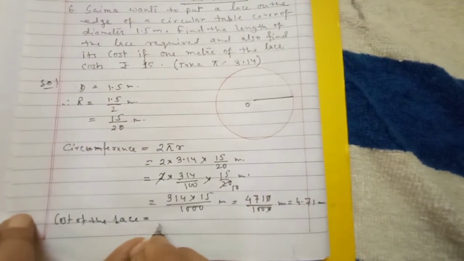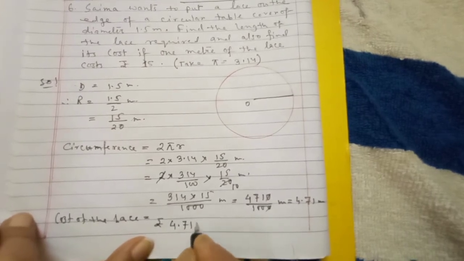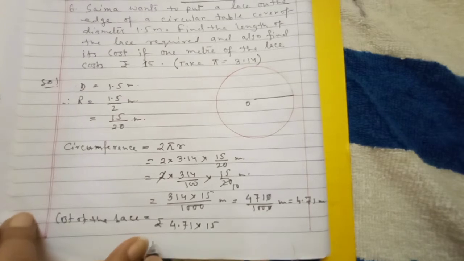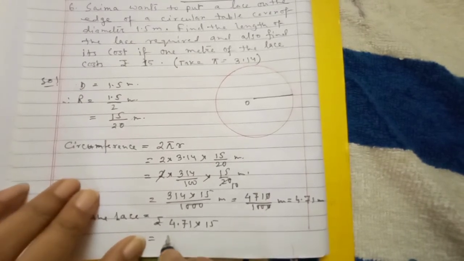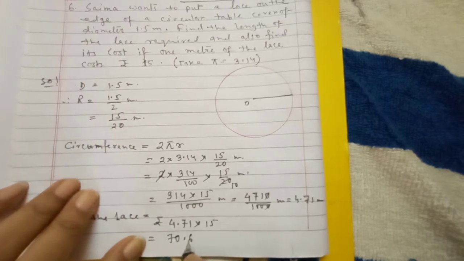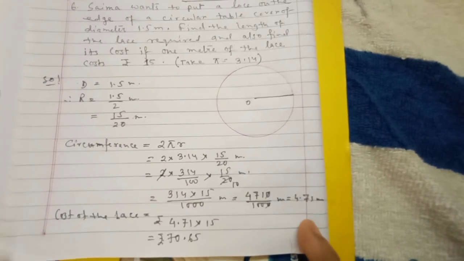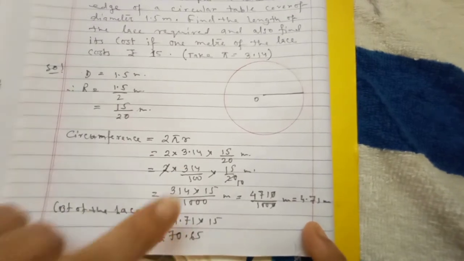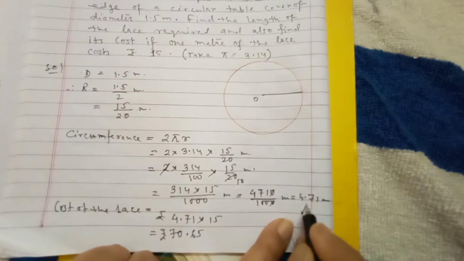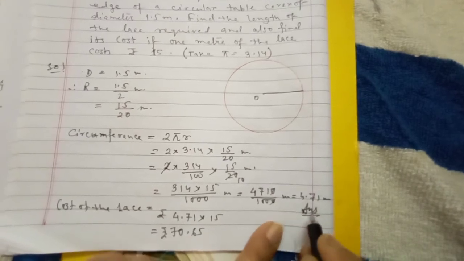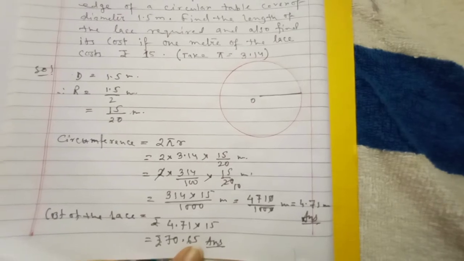So 4.71 into 15, and you will get the value equal to 70.65 rupees. Now the required length of the lace will be 4.71 meter. This is your first answer of the question and this is the second answer. Understood? Come to the next sum.